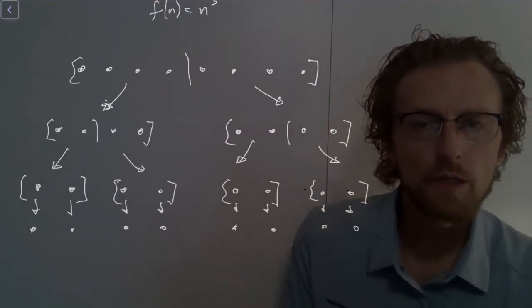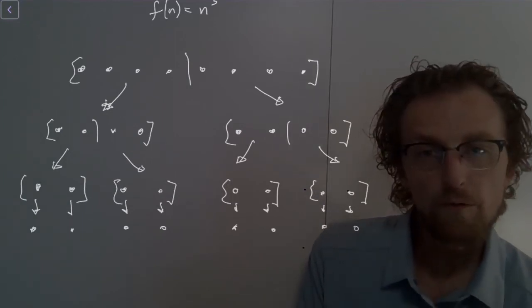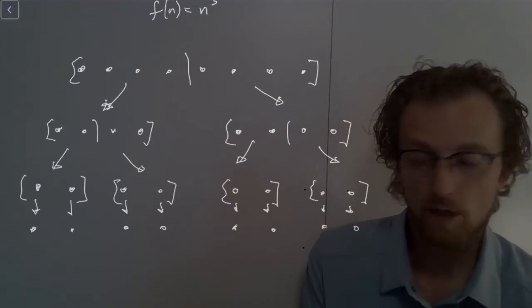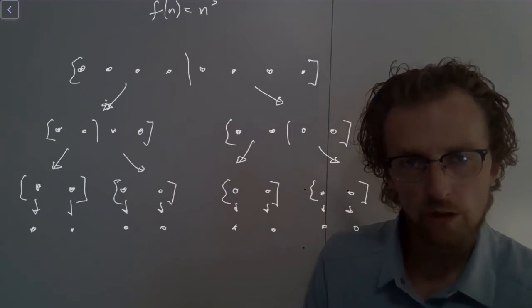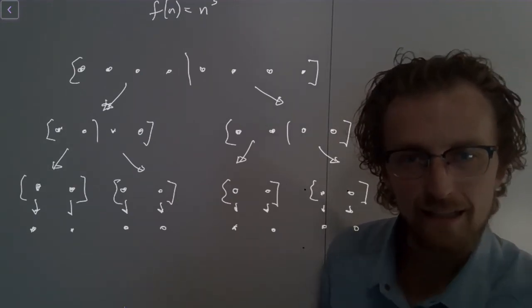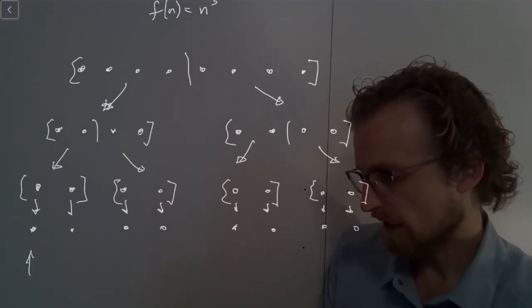Okay, so what we can do is kind of think about what the overhead is going to look like on each of these terms. First, before we do that, we could think about how many leaves there are, right? So part of what happens in the recursion is you recurse, and then you have to do something at each of the leaves of this recursion tree. So what is a leaf? Well, it's one of these, right?